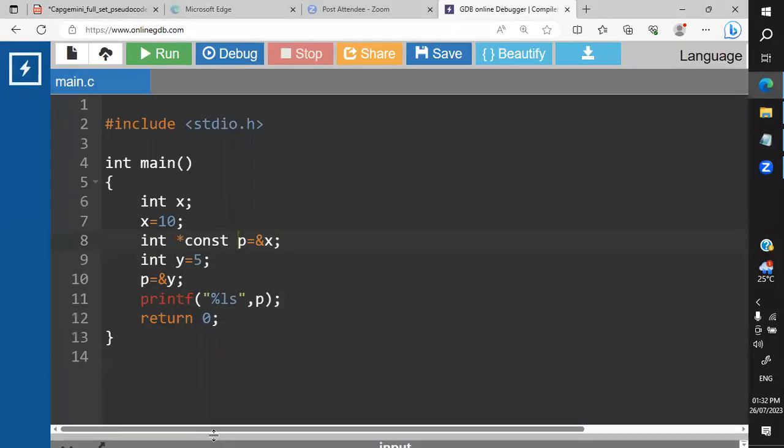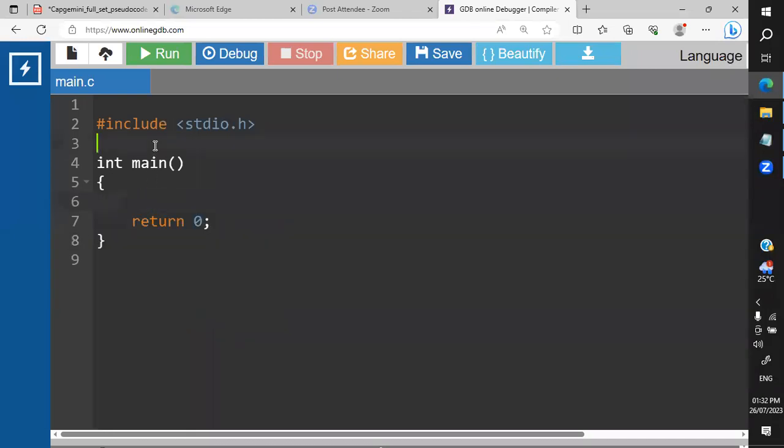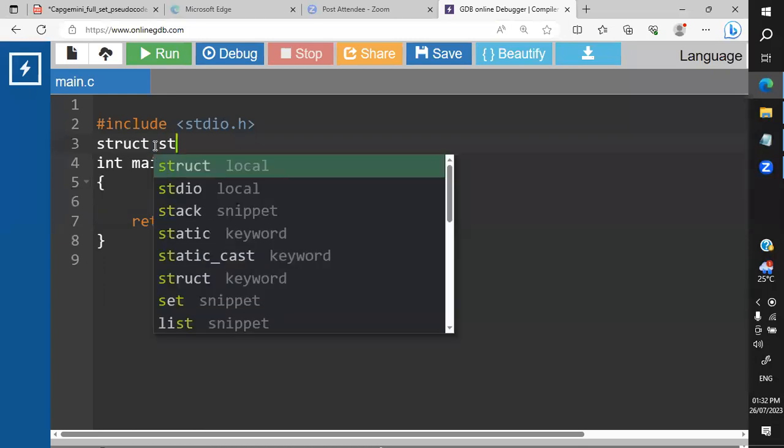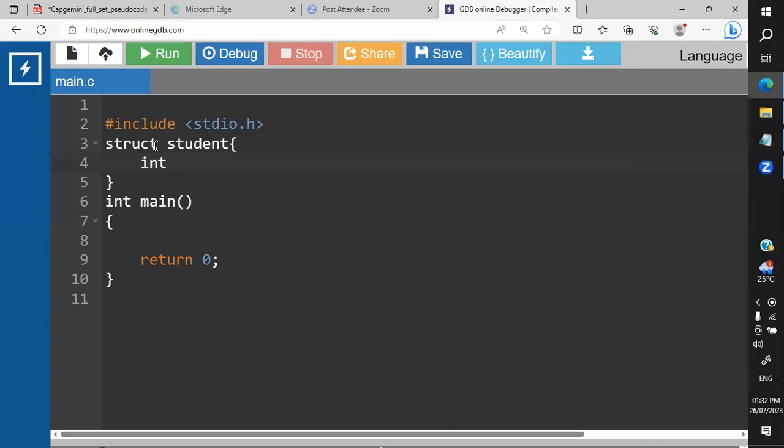Okay. Let's see. For example, let us assume I have a structure, student. Inside that, I'll take one roll number variable called int n and then char ch. Okay.